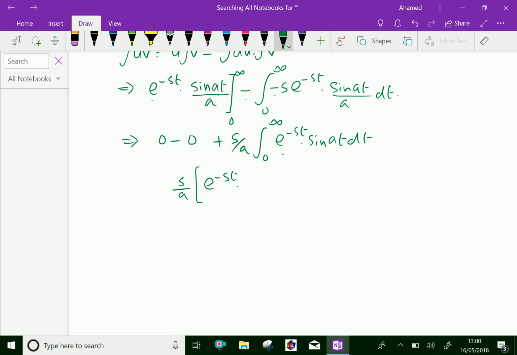Sine at integration is minus cos at over a, minus integral of differential of first, e power minus st differentiation is minus s into e power minus st, into integral of sine at, which is minus cos at over a, into dt, 0 to infinity.